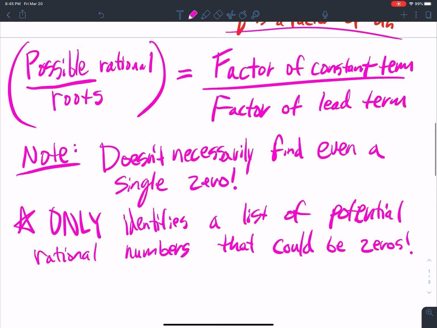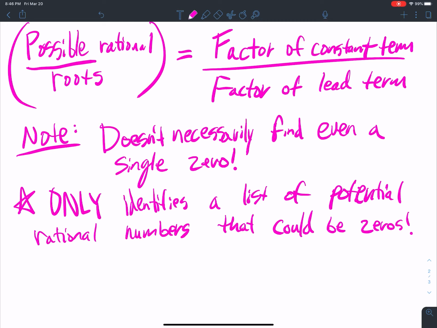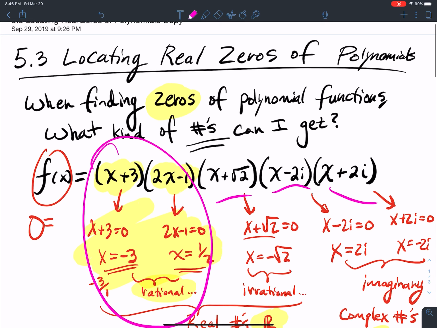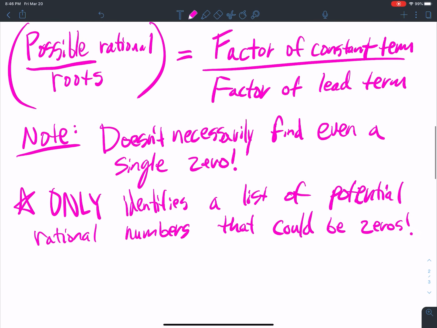So we must test each of them by using synthetic division to see if they are actual zeros, and then we go on from there. This tells us nothing about irrational zeros or imaginary zeros, only about rational zeros.